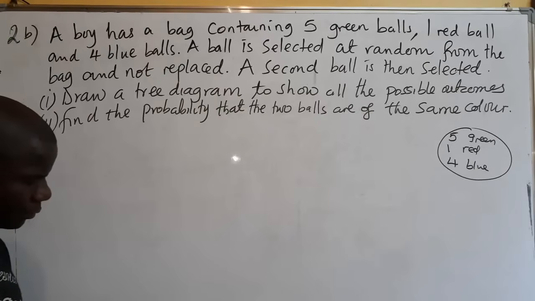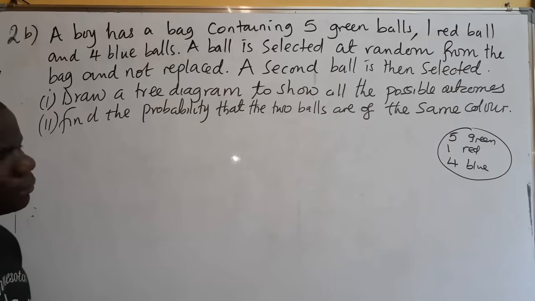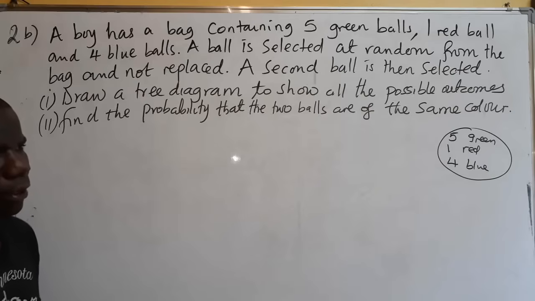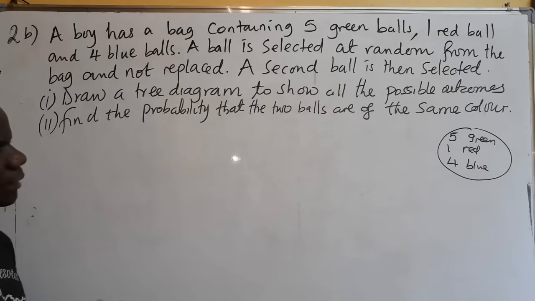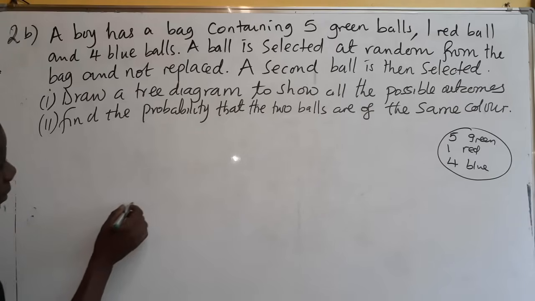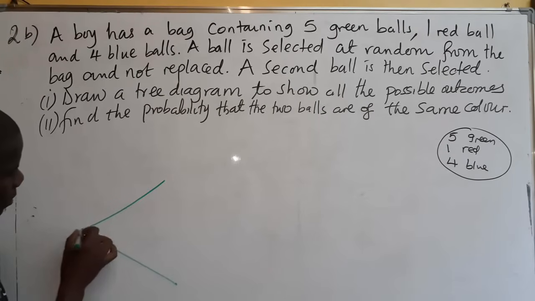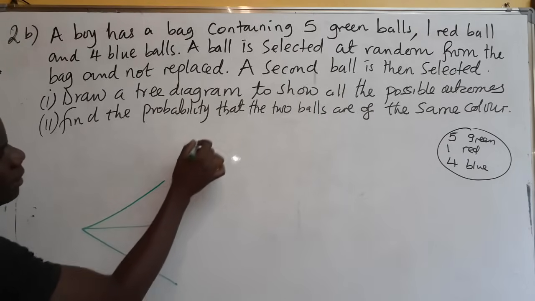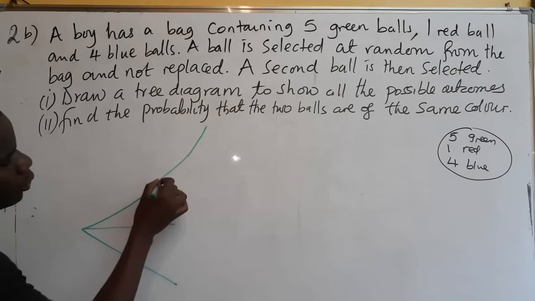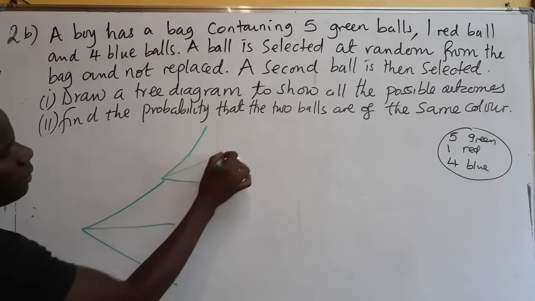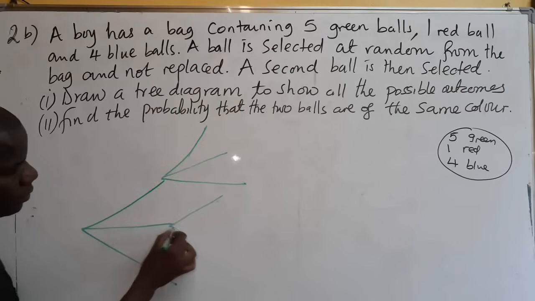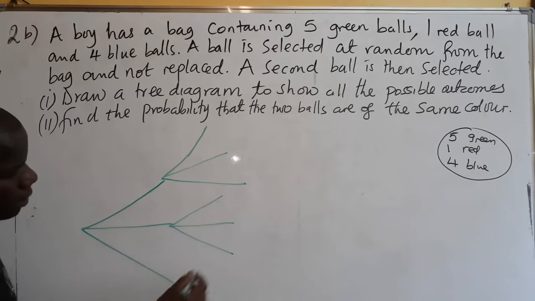Since we have 3 colors there, we are going to have 3 branches. Okay, so we start with this, and since 2 draws were made, I'm going to have this also.